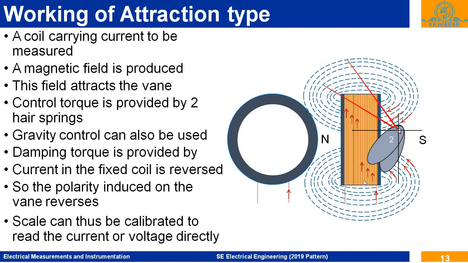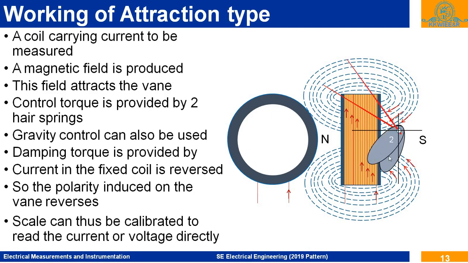So as the magnitude of current increases, this is the movement of the iron piece. When there is no current, this is the initial position.